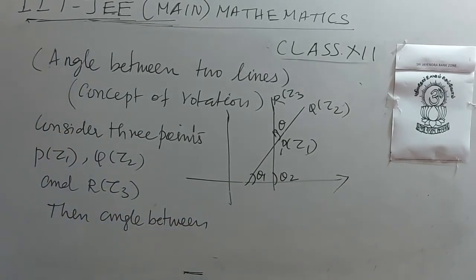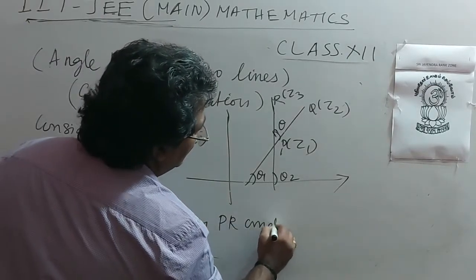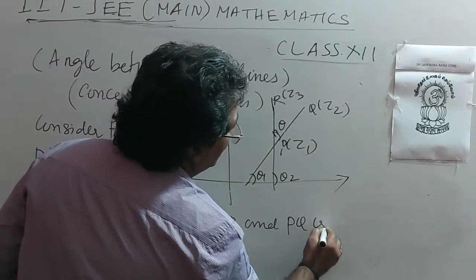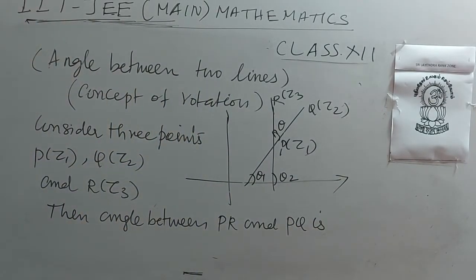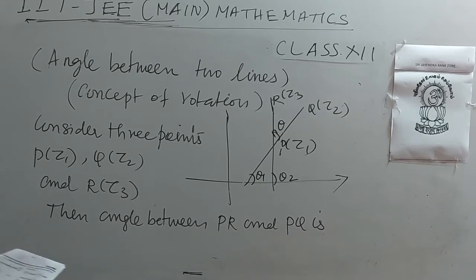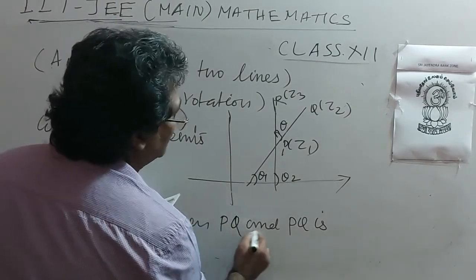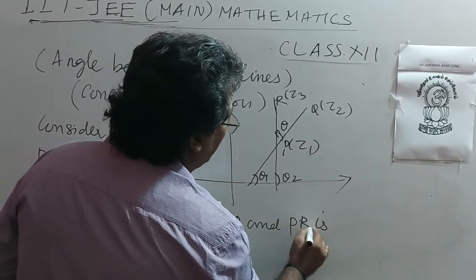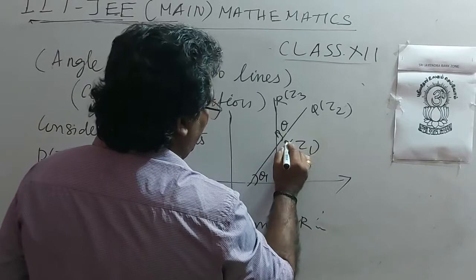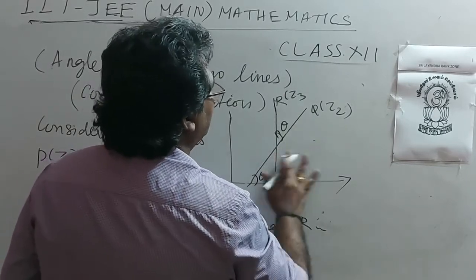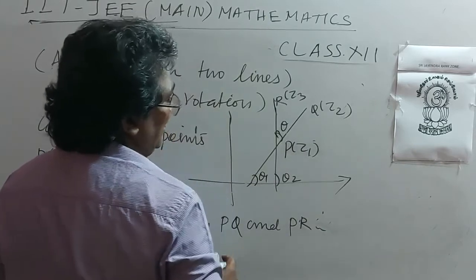Then the angle between PR and PQ, that is PQ and PR, in this direction, that is counterclockwise direction.